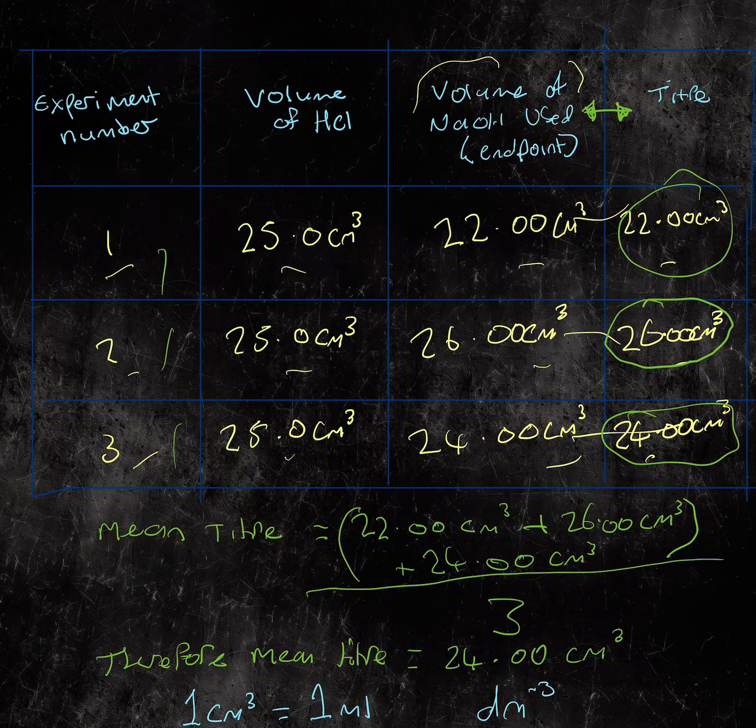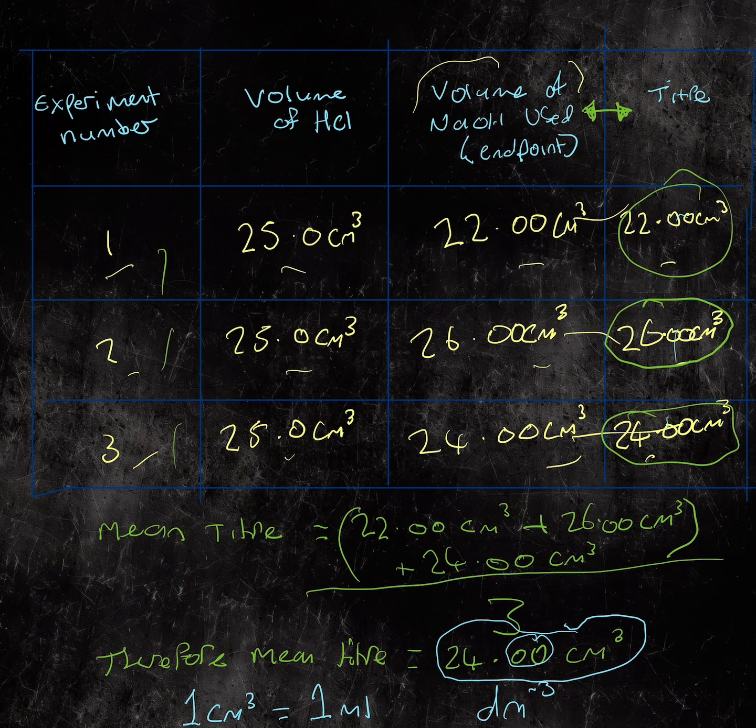Okay, so now you've got your mean titre, which is, in this instance, 24, which is just all your titres added up, divided by the number of titres there. Make sure you use 2 decimal places at the end, because that's what it asks for.